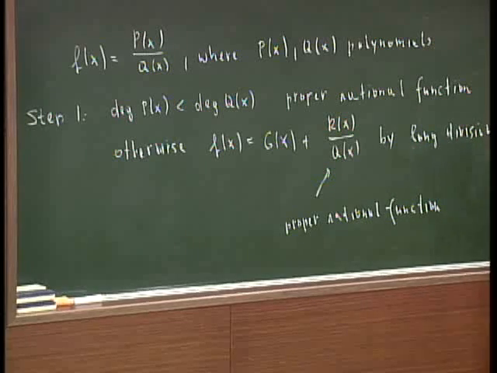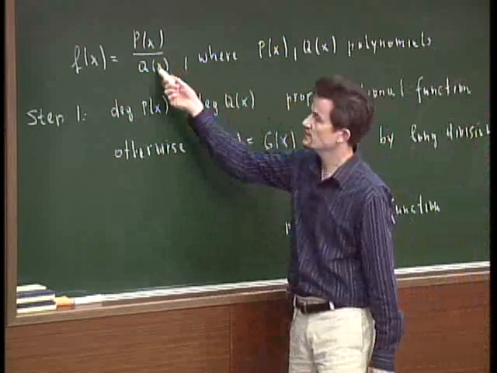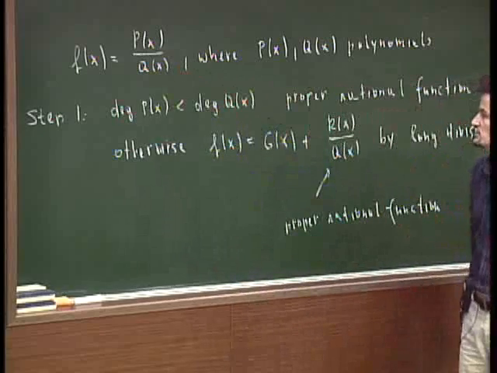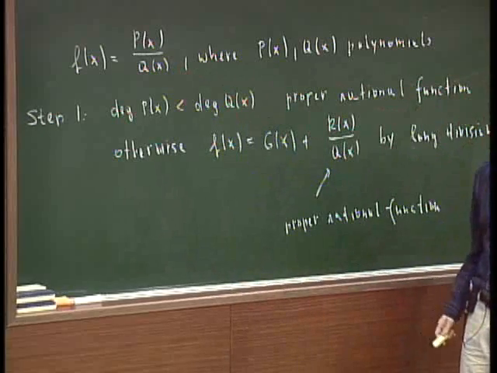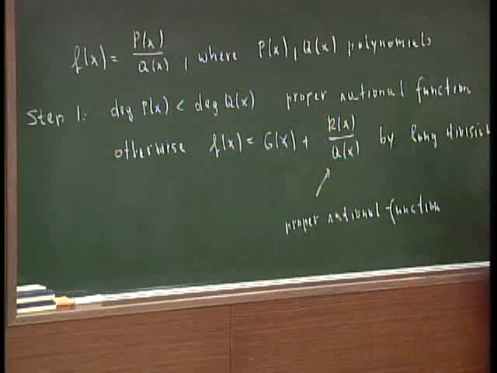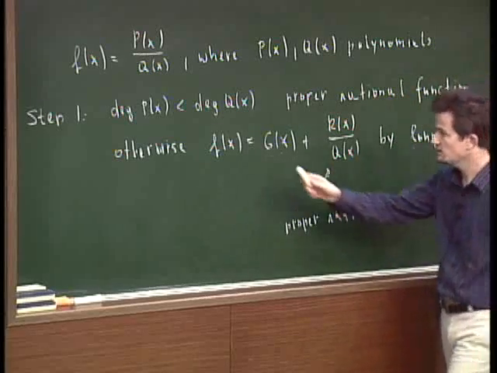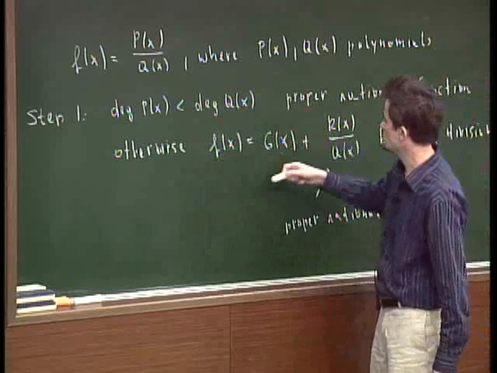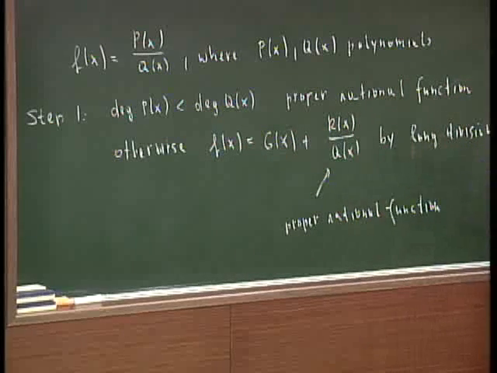So in the first step, if the given rational function is improper, then we write it as a polynomial plus a proper rational function. The integral which we want to compute is then the integral over the polynomial plus the integral over the proper rational function. So what remains to handle in the remaining steps is a proper rational function.